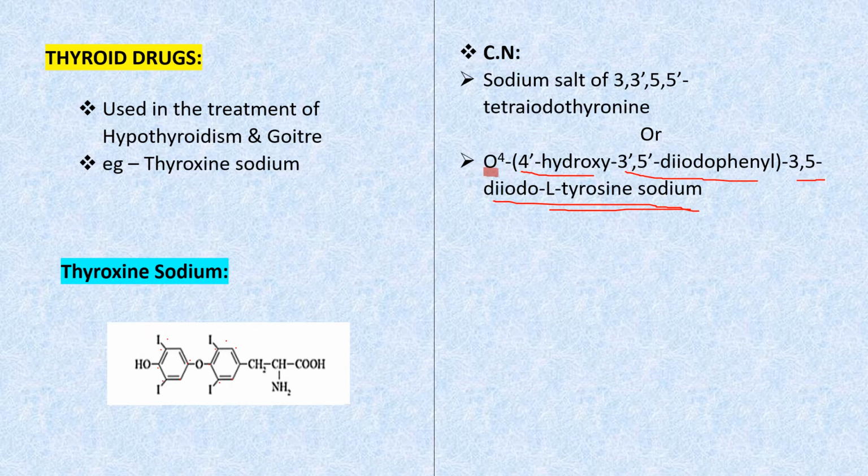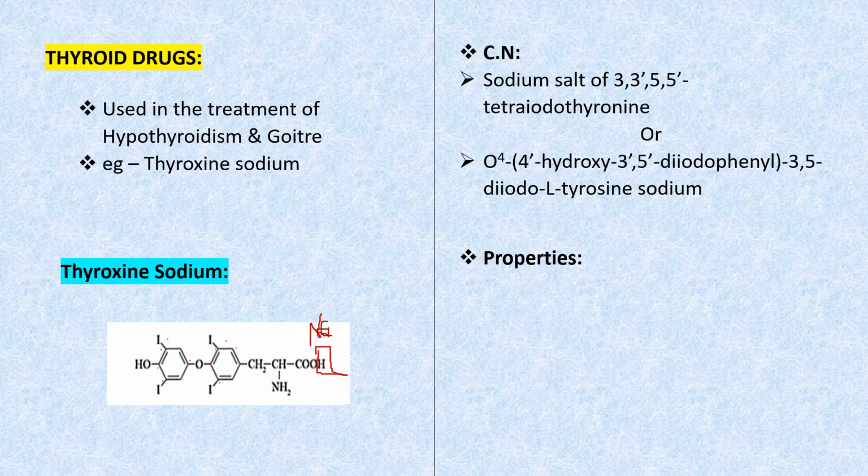thyroxine sodium. Now in examination, remember that if the structure of thyroxine is asked, only thyroxine, then I am going to draw this structure. But in examination, if the structure asked is thyroxine sodium, at that time this hydroxy, this H, that is hydrogen of carboxylic acid, you have to replace by sodium, that is Na.